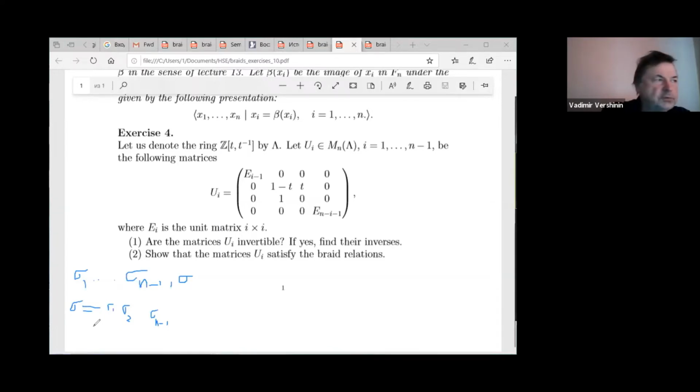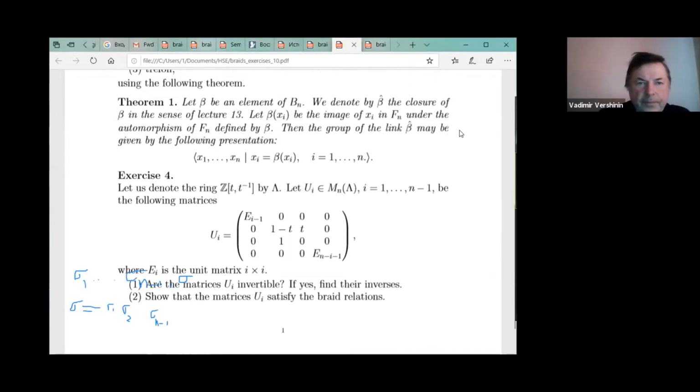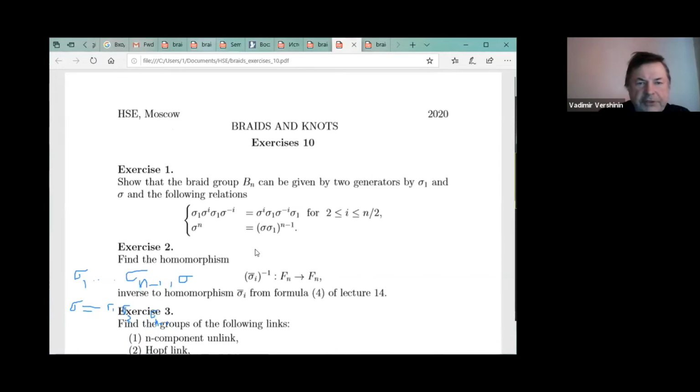Then what remains is to rewrite the braid relations in the new generators, and we'll get these two relations.